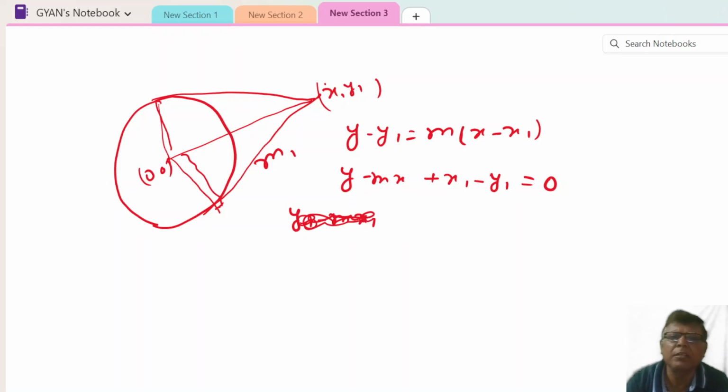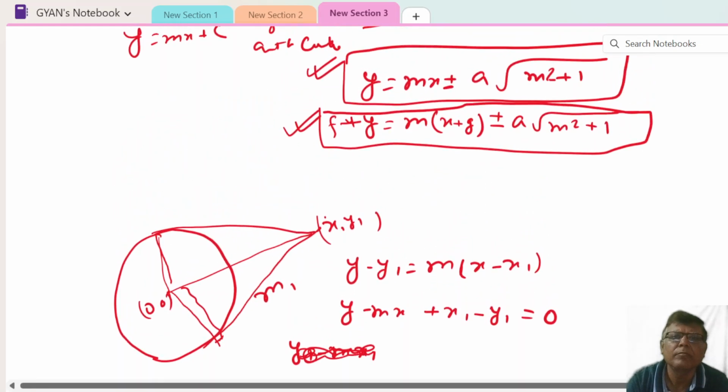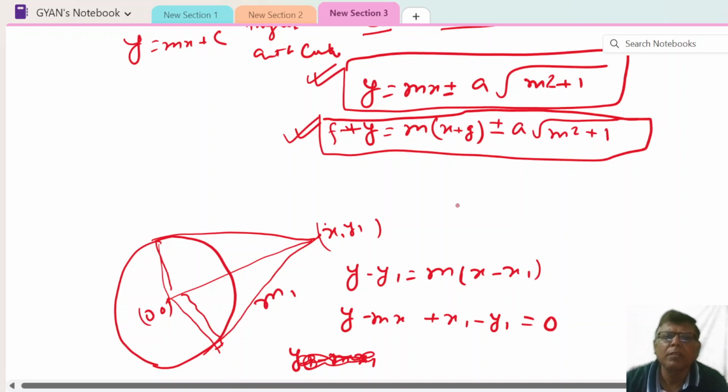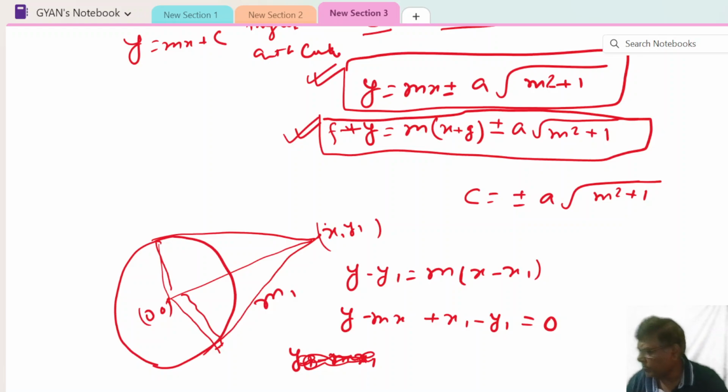The condition we have already learnt, that c should be equal to plus minus a root over m square plus 1.